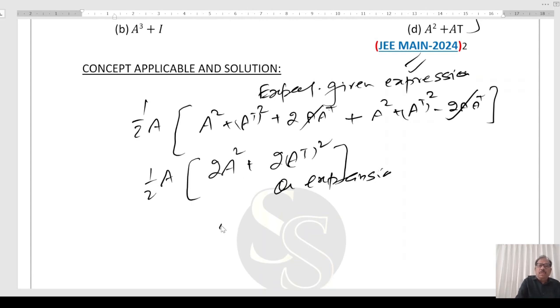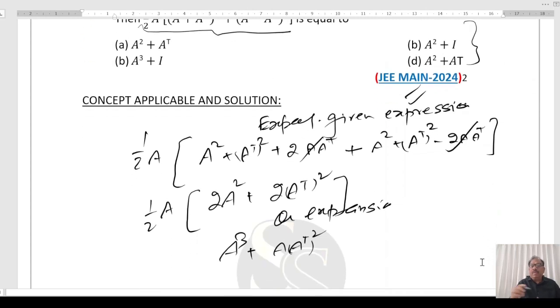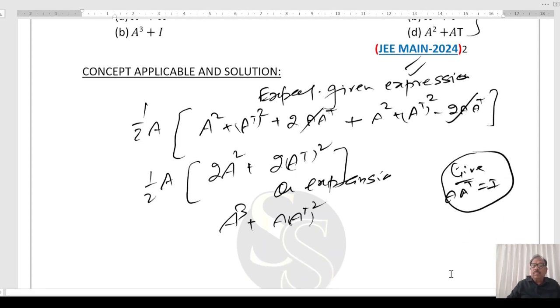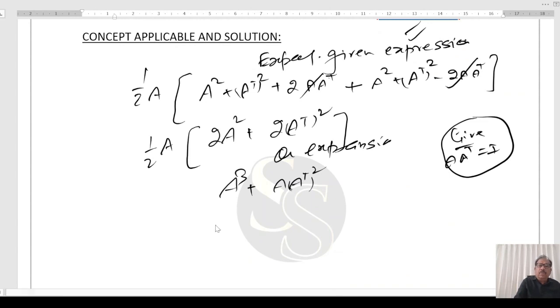this A cancels, A square plus A transpose whole square. In the given question, the relation given is A into A transpose equal to I. We have to use this relation. So in this case, we can use it as A square plus A into A transpose into A transpose according to the given condition.